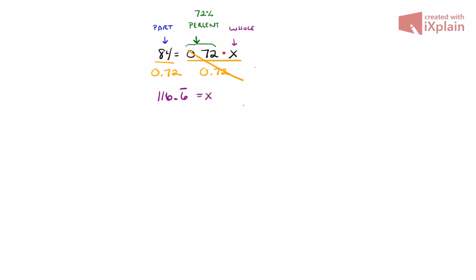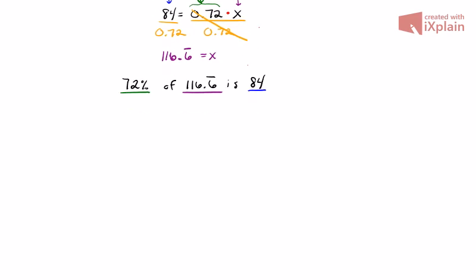So this is what x is. To put this into perspective, we can say that 72% of 116.6 repeating is 84. Here is our percent, here is our starting value, or whole value, or base value, and here is our part, or our result. Let's do one more.